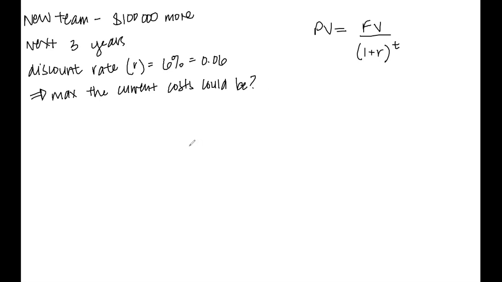We're trying to find the maximum the current cost could be, so I'm going to denote that as X. Setting up the equation, net present value equals, for the first year, 100,000, because the future value portion of this equation is just the incremental earnings.